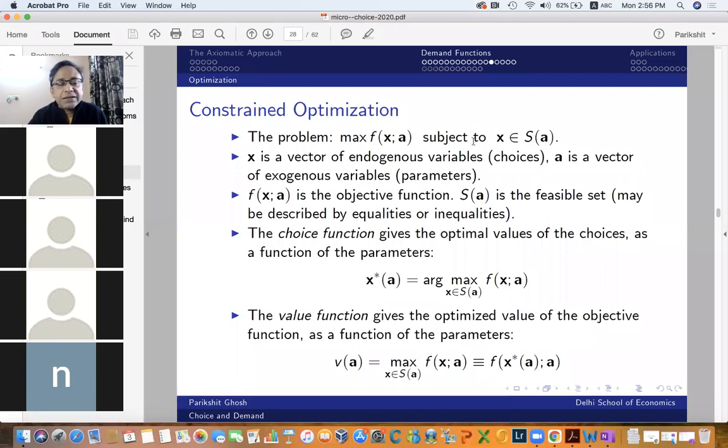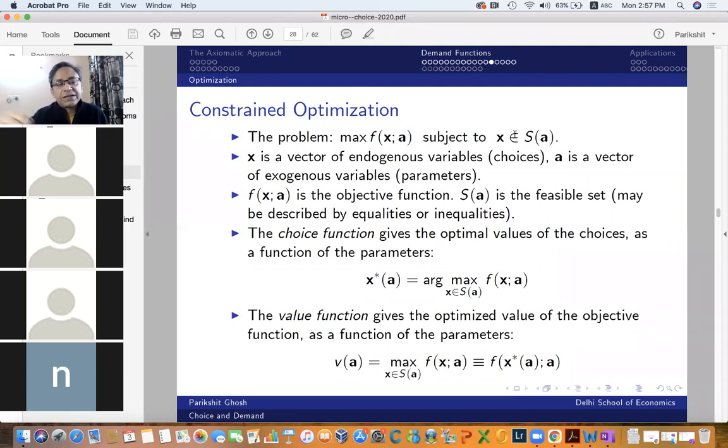And there's a constraint, and the constraint can be written in form of equations or in form of sets. Here we have written it in the form of a set, that x has to be chosen from a restricted domain. In the consumer's choice, for example, it had to be chosen from the budget set, right? All the points on the budget line or below it, those are the ones that she can choose from.